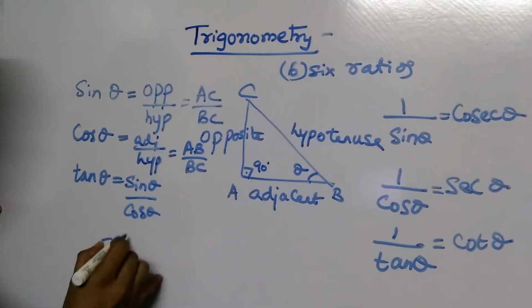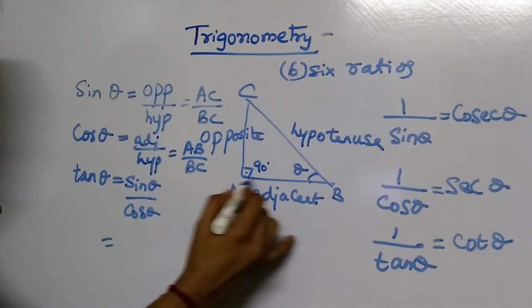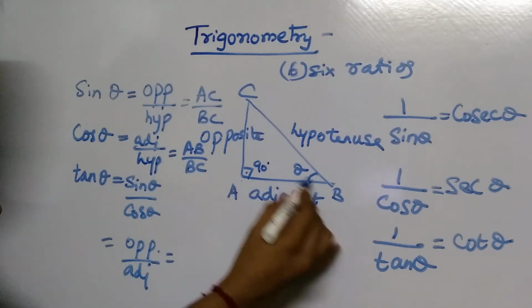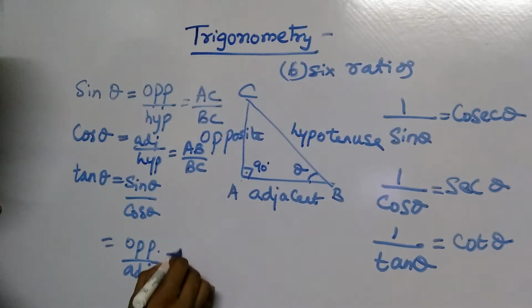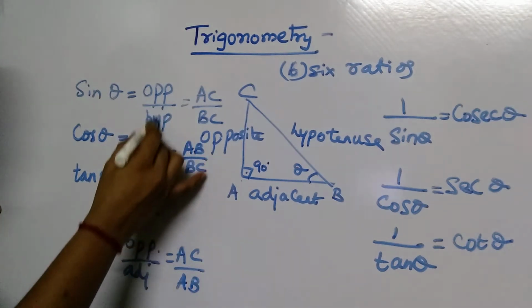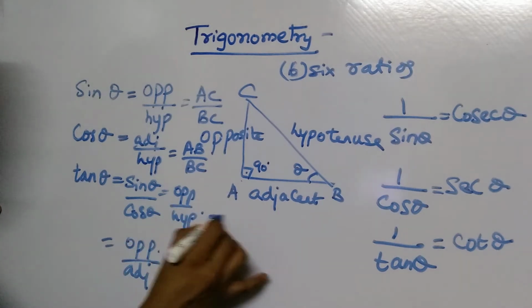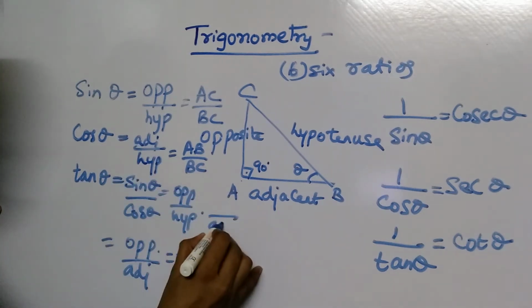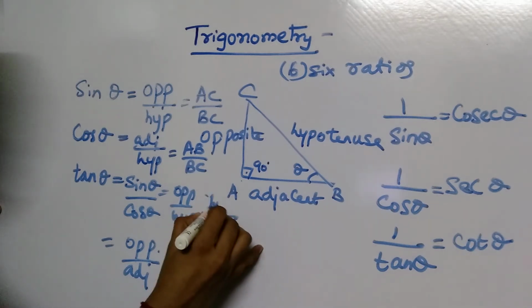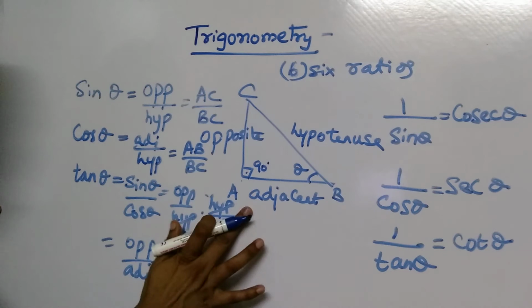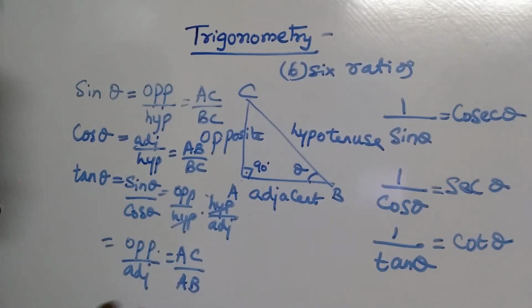Or you can say it is opposite side by adjacent side, that is AC by AB. Sine is opposite by hypotenuse, and cos theta is adjacent by hypotenuse. Dividing, the hypotenuse cancels and you get opposite by adjacent, which is again AC by AB.